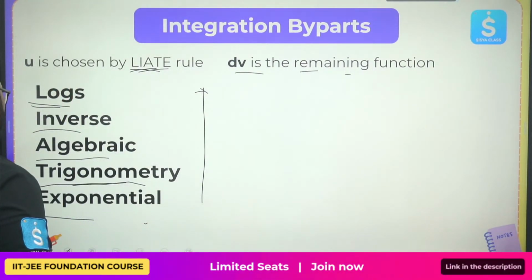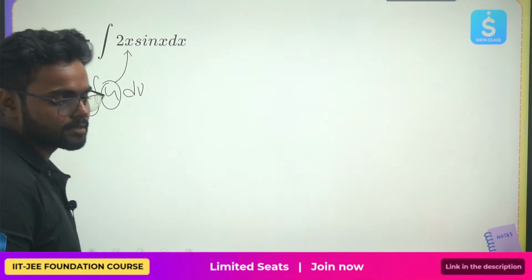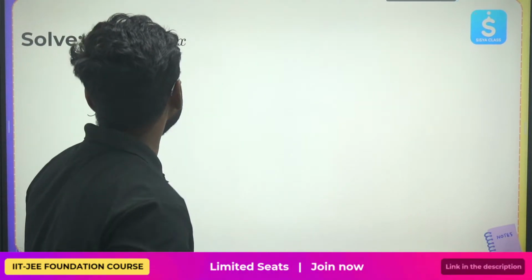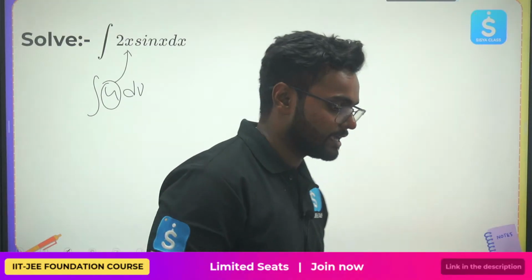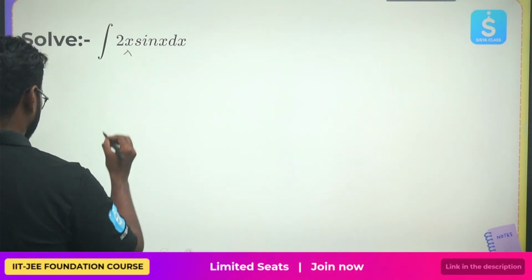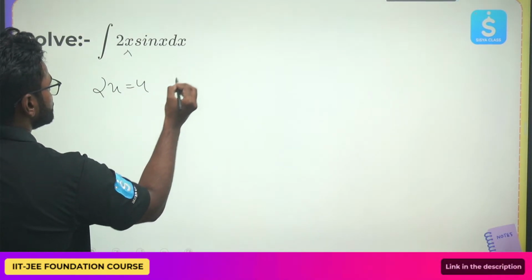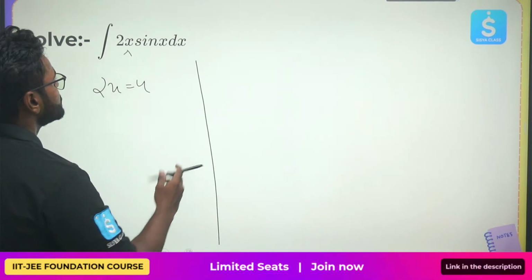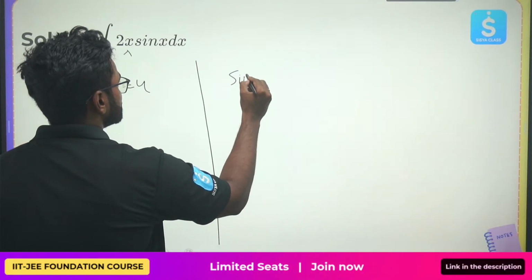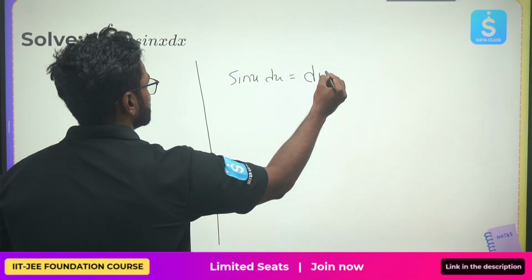Based on the LIATE rule, we get u as 2x and dv as sin x dx. So 2x is equal to u and sin x dx is equal to dv.